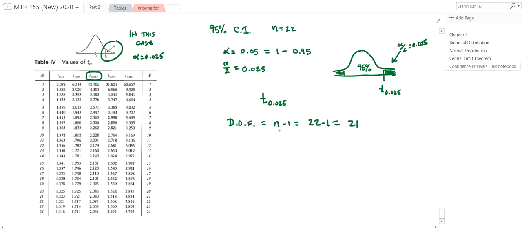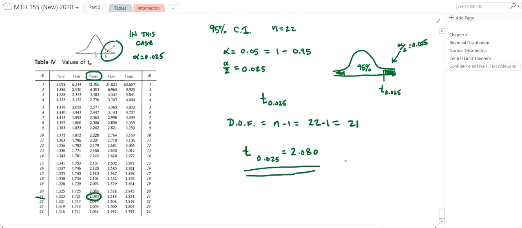It's always going to be n minus 1. That's this value here. So we come in over here, we come down here, we settle on t of 0.025 equals 2.080. And that's simply how we do it. That's how we're going to get to t.